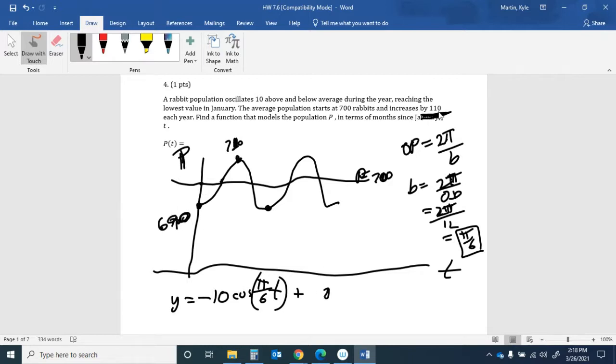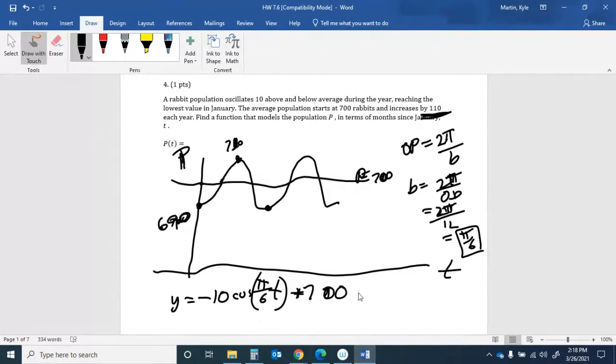So if this little increase by 110 each year thing wasn't there, then my equation would be that, because that's the y-intercept, the vertical shift, 700 units.